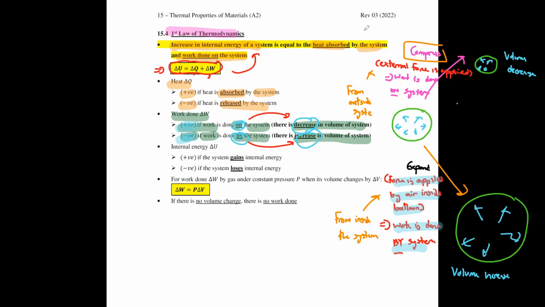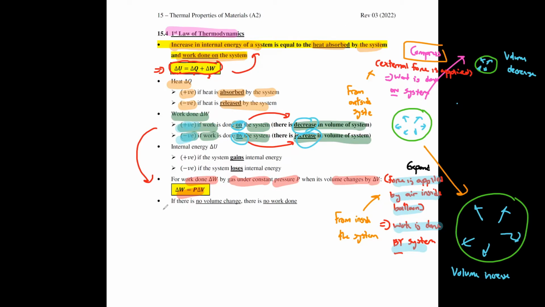So maybe I better just jump a little to something relevant since we're on work done. When you're talking about work done and you want to calculate the value of work done, you will use this equation. For work done delta W by gas under constant pressure, when its volume changes by delta V, the work done is given by this equation.